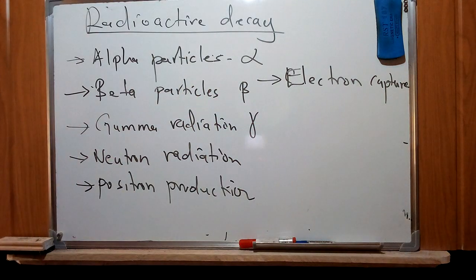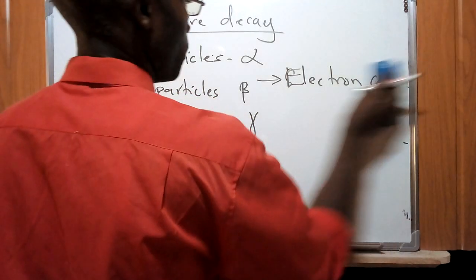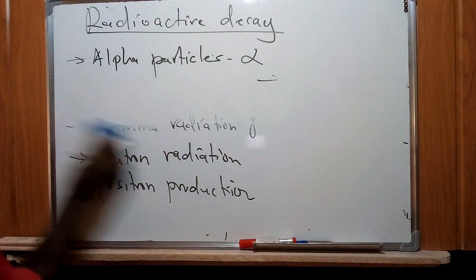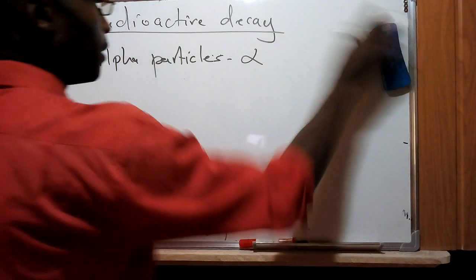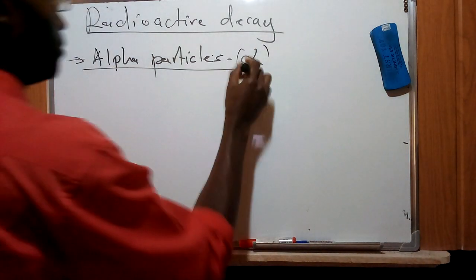So these are some of the processes that result from radioactive decay. And of course, these processes have different characteristics, which we're going to mention one by one. So we're going to start with the release of alpha particles, or alpha decay, which I've said is denoted by that.